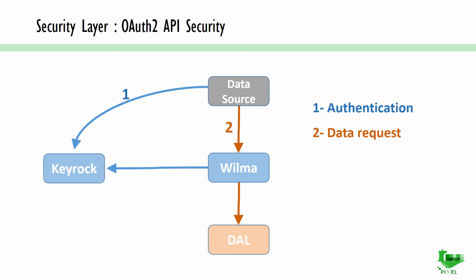The request goes through Wilma. The PEP proxy sends an authorization request to KeyRock with the token provided, the path, and the verb of the request. The identity manager server answers if the request is authorized. If not, Wilma will answer with a forbidden response. If the request is authorized, Wilma lets the request reach the NGSI agent.